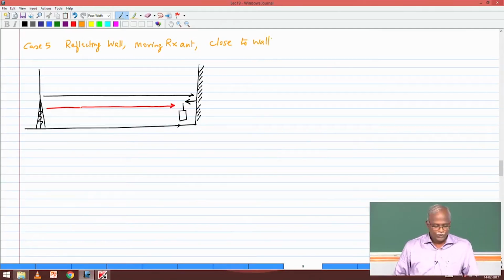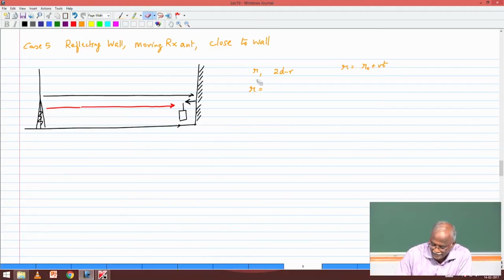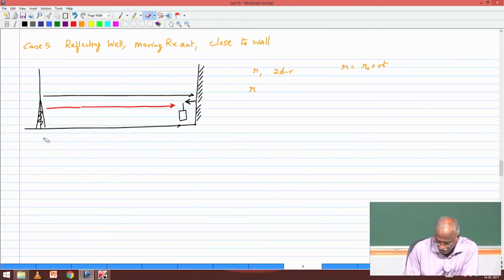This is the scenario. So again, we don't have to rewrite, just take the equation from the previous case. In the previous case, the distances were r and 2d minus r, correct, where r was given by r naught plus Vt. Now what we are going to make the approximation is that alpha is approximately d, that is the distance from here to here, from here to here is d distance.